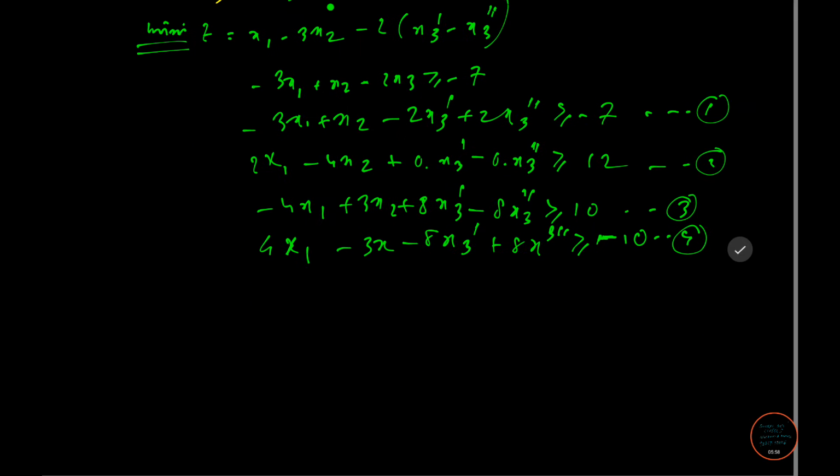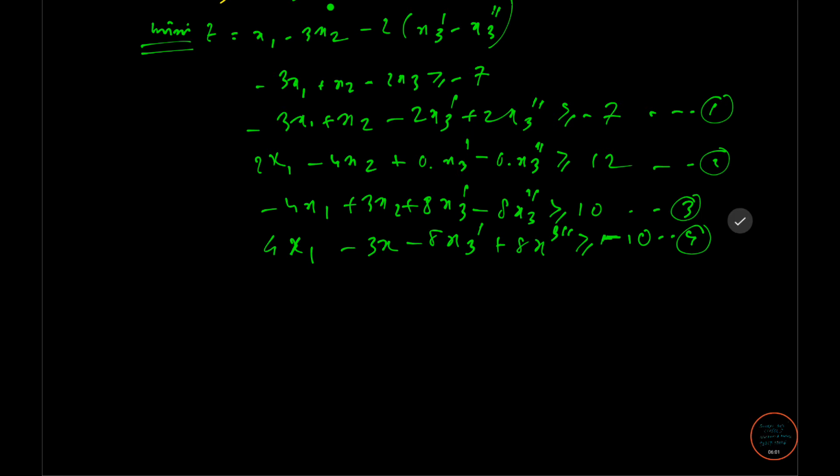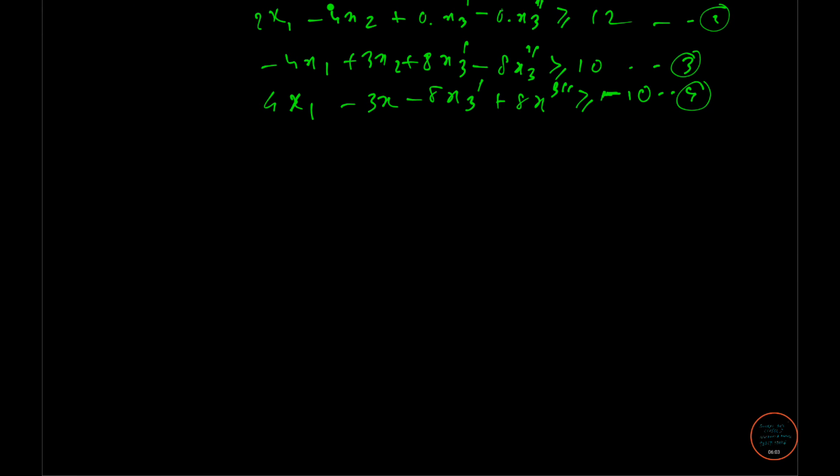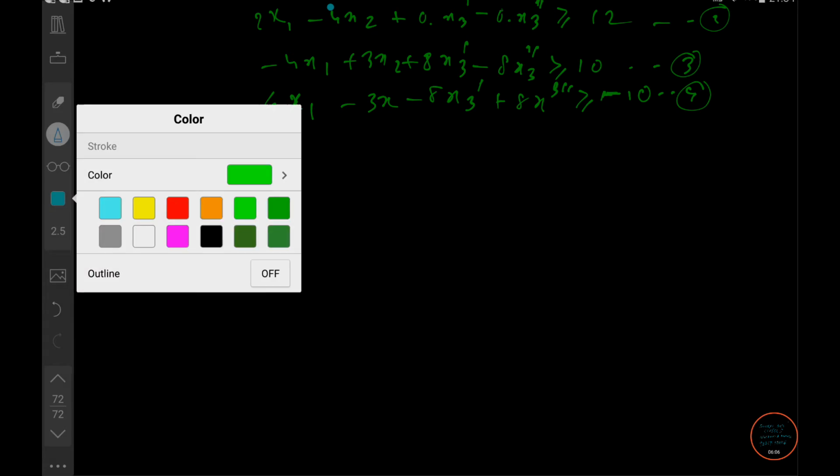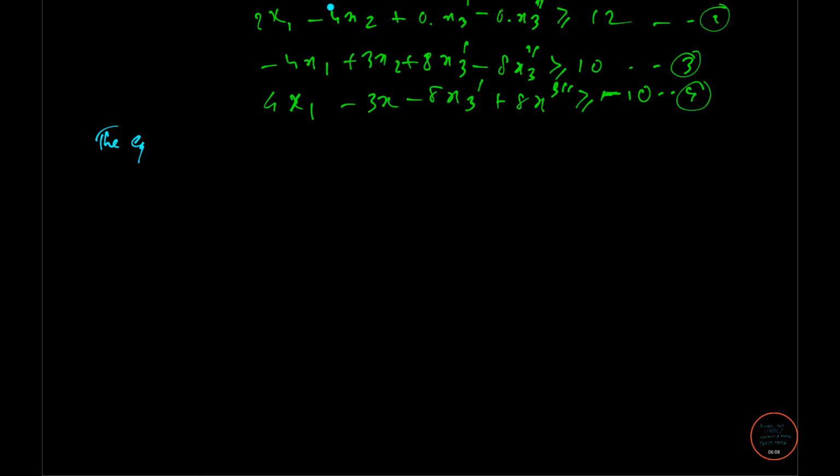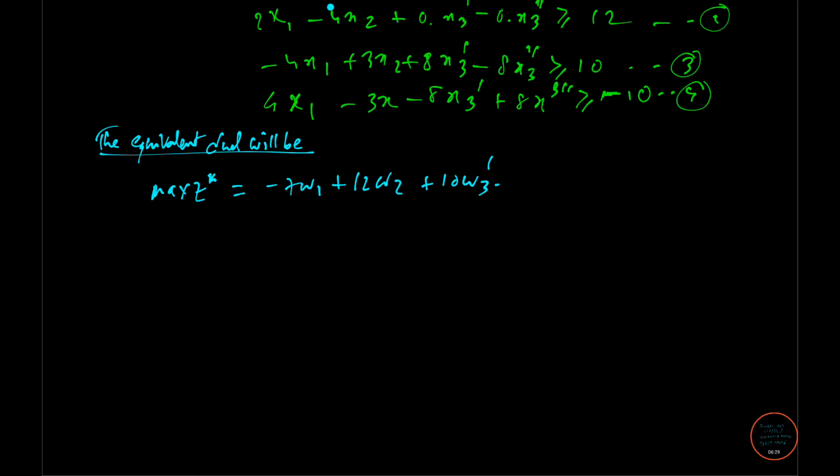So this is the formation we have. Hence the equivalent dual will be: maximize z star = minus 7w1 plus 12w2 plus 10w3 dash minus 10w3 double dash.